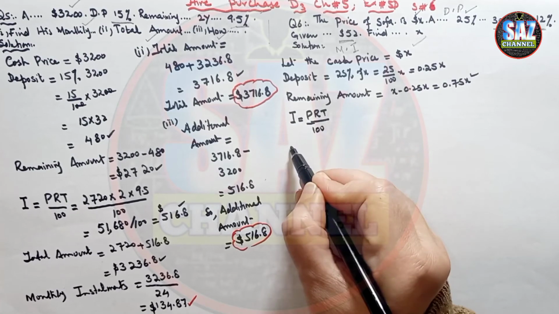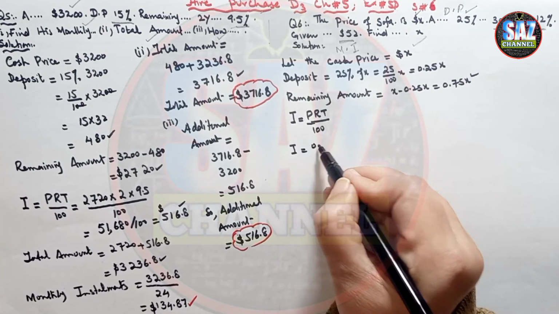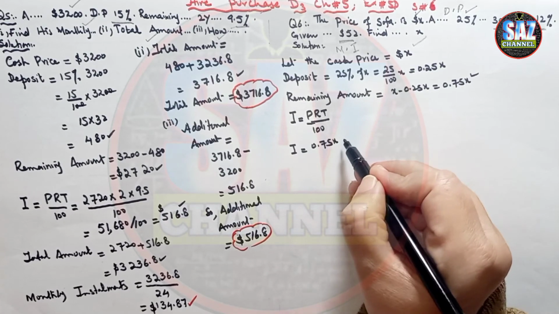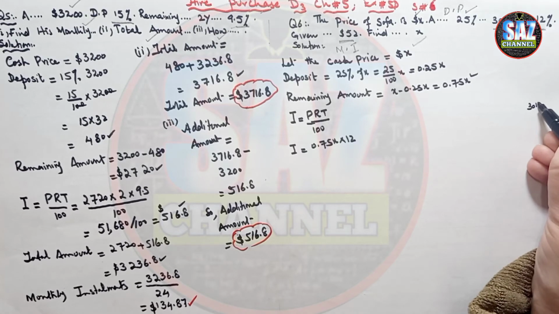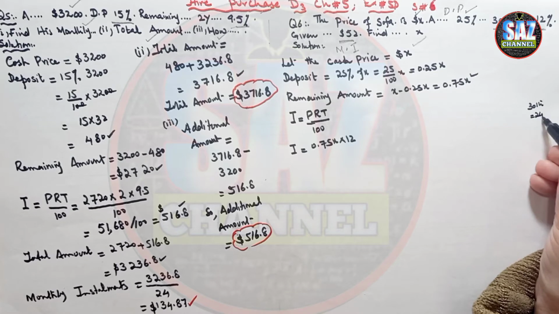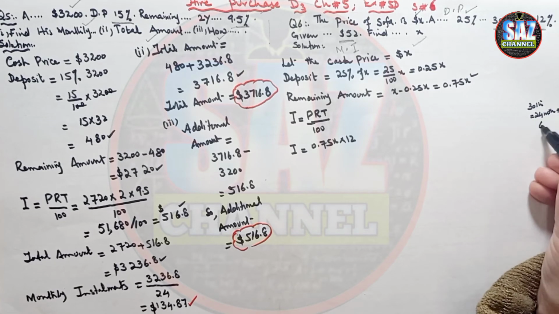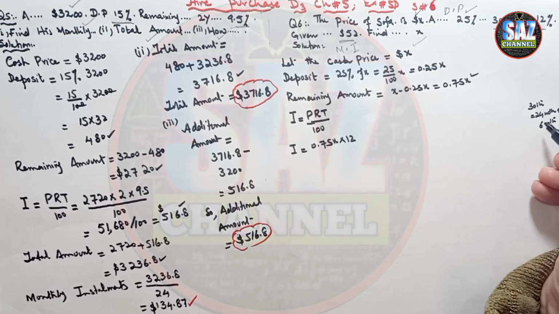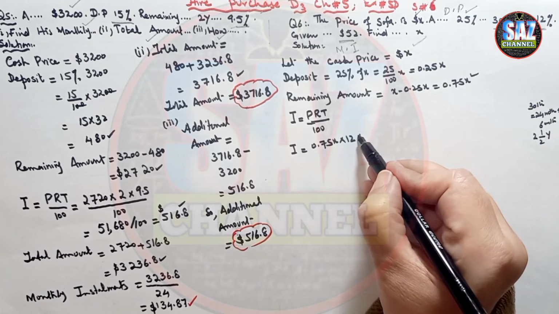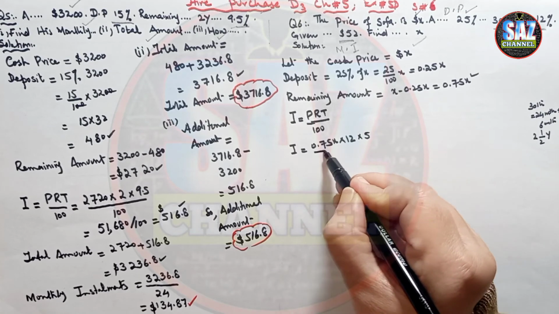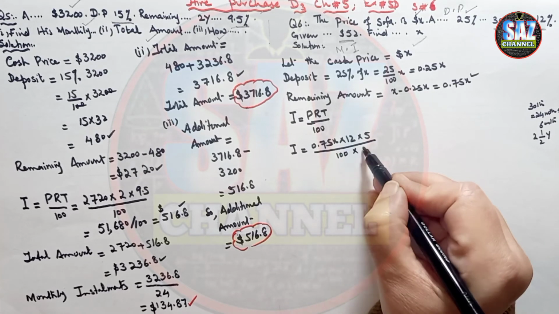Now the principal for this situation is 0.75x, the rate is 12% and the time is 30 months. 30 months are equal to 24 months plus 6 months. 24 months become 2 years and 6 months is half a year. So the time period will be 2 whole 1 by 2 years, or 5 by 2 years.